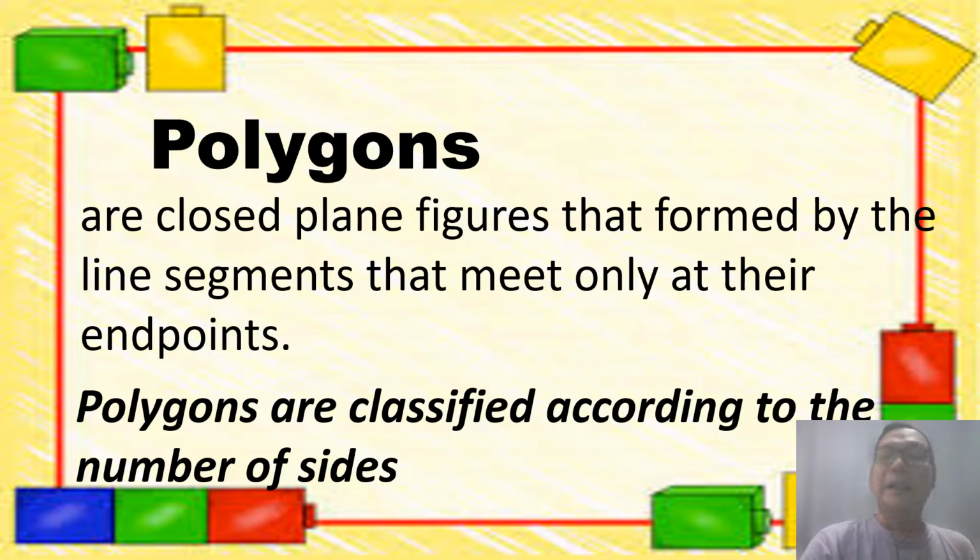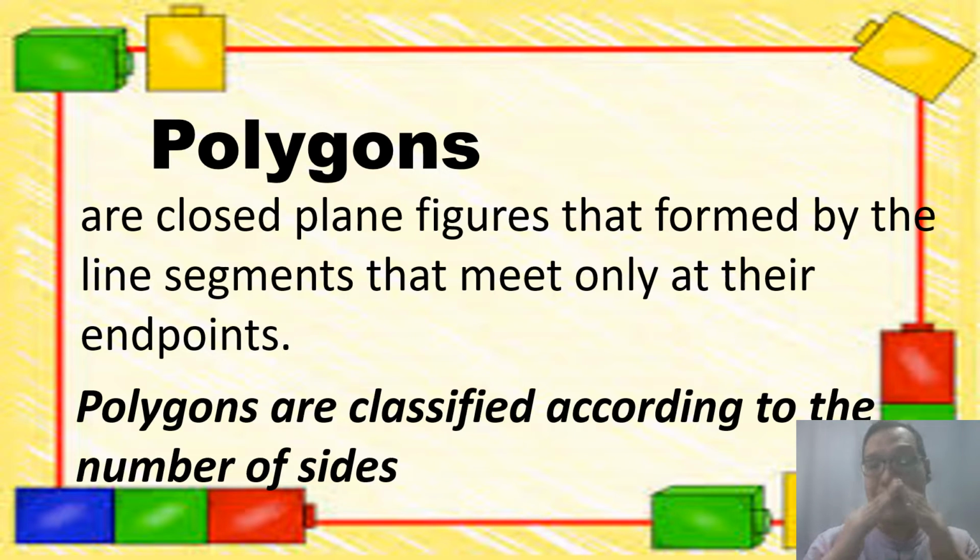So we have different kinds of polygons, two of which are mentioned in our review. Triangle is a polygon. It is composed of three line segments with three vertices. Ano? So pag ang dalawang line segment, for example, this one is one line and this one is a line, pag siya ay pinagdugtong sa magkabilang dulo, yung point na kung saan pinagdugtong yung dalawang line, ang tawag natin doon ay vertex.